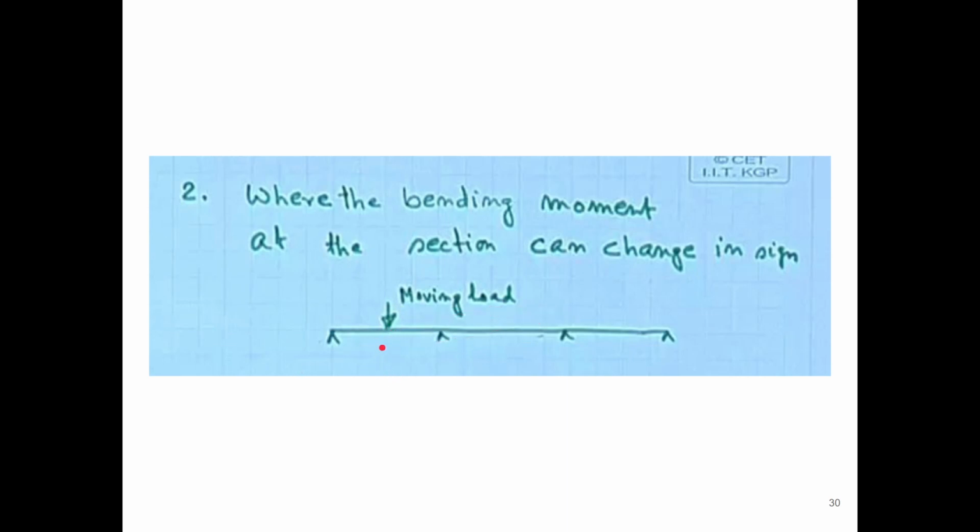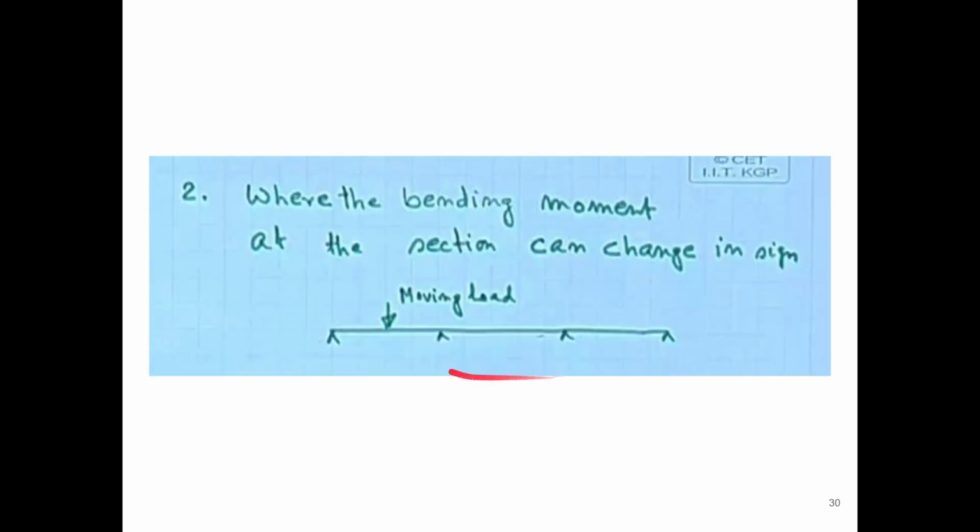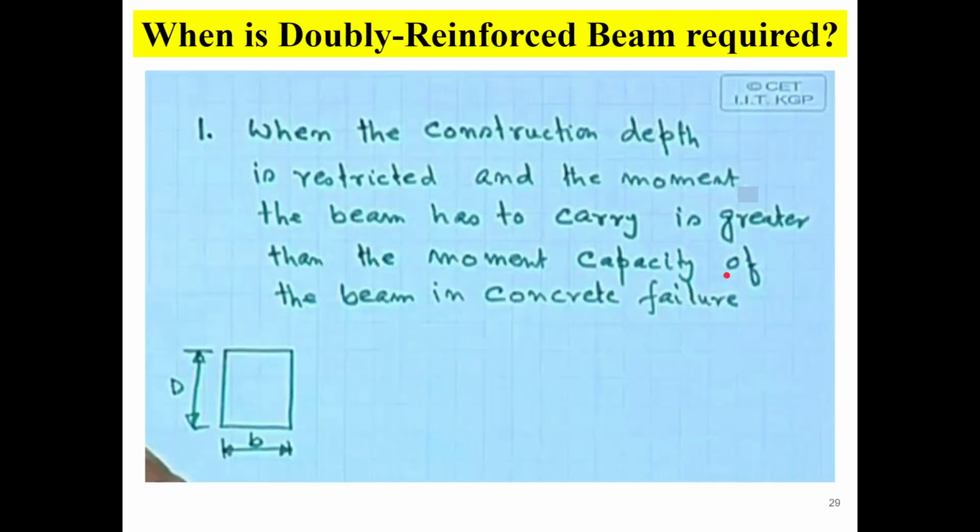One time it will be under compression, the other time under tension, because of the hogging and sagging. So these two conditions, firstly when the construction depth is restricted, and secondly when the load is moving so the section can change its sign, are when the doubly reinforced beam is required.